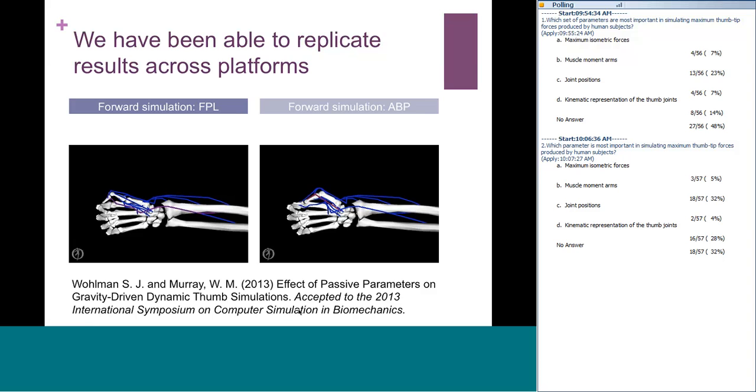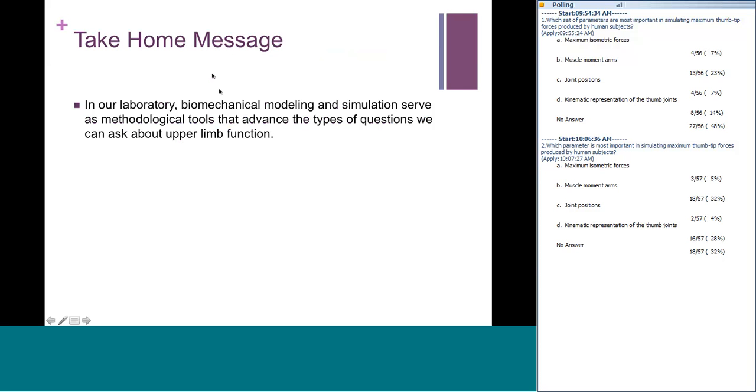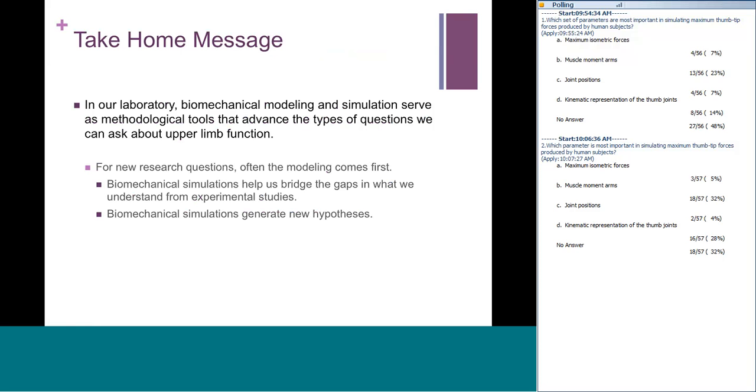The conclusions of the talk, my basic take-home message, is that in my laboratory, biomechanical modeling and simulation serve as methodological tools that advance the types of questions we can ask about upper limb function. Today, I've shown you how biomechanical simulations have helped us bridge the gaps in what we understand from very valuable experimental studies.